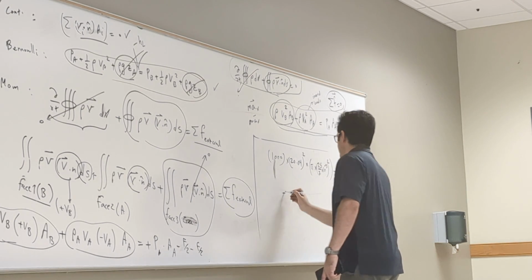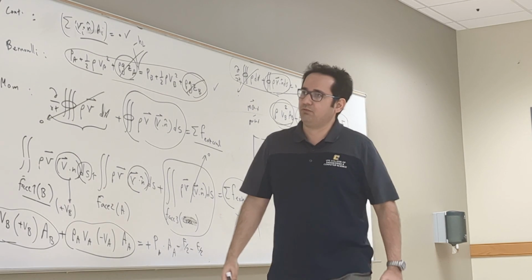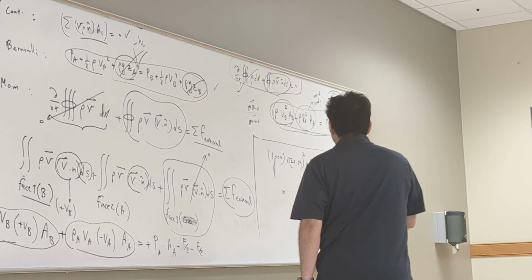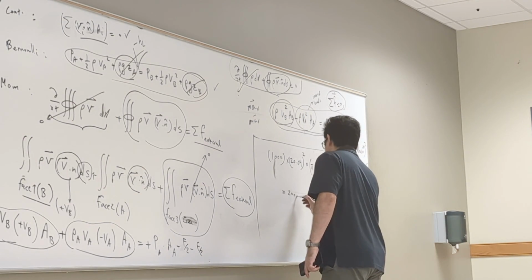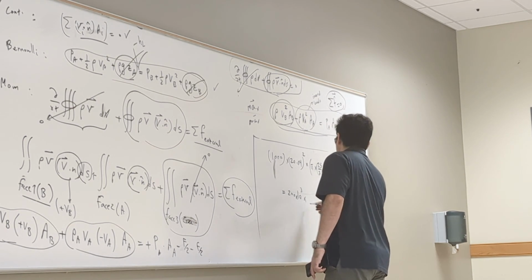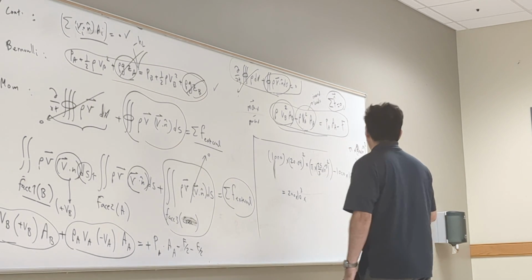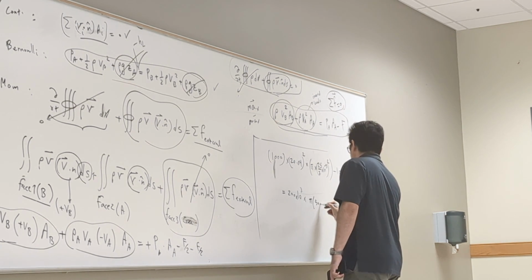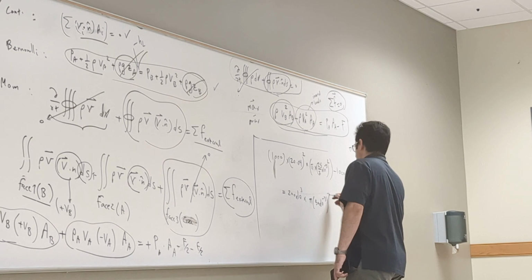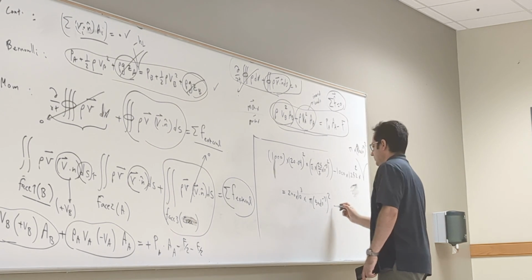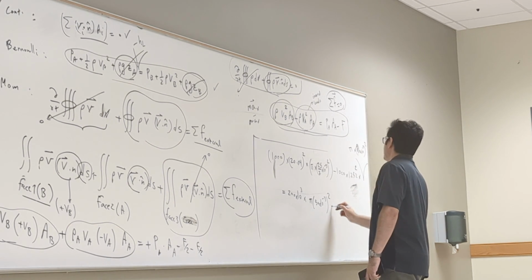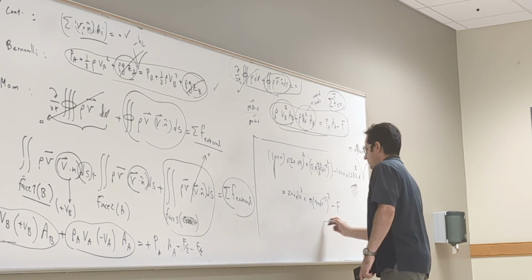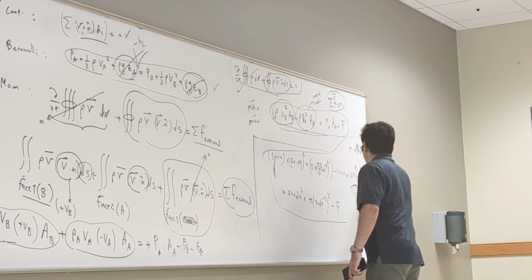Is equal to PA. PA was 200 times 10 to the 3 pascal times AA, which is pi times 50 times 10 to the negative 3 squared, minus F. Solve this equation for F. One equation, one unknown.